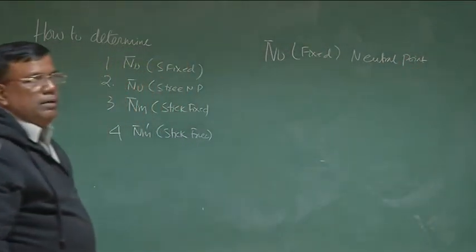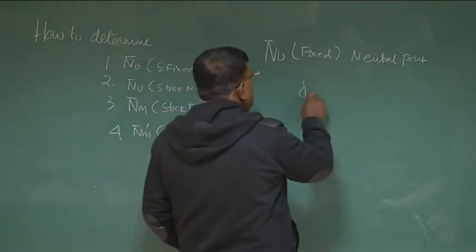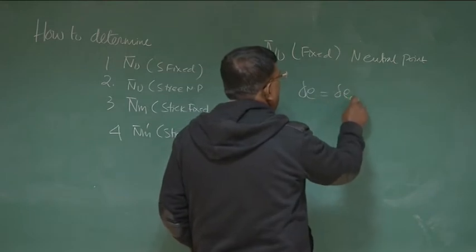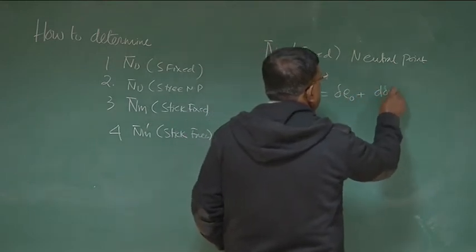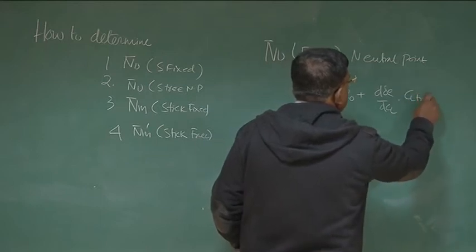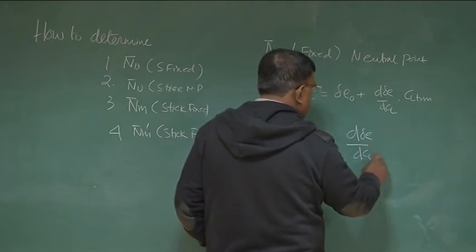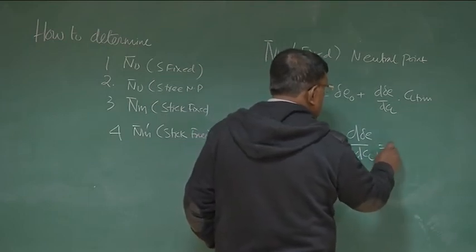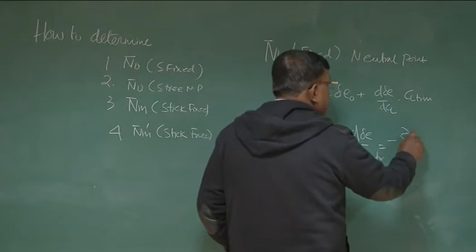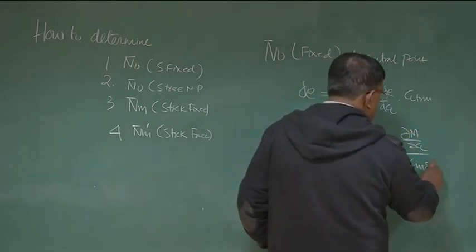How do I develop the physics behind it? Remember, we know that delta E equal to delta E naught plus d delta E by dCl into Cl trim, and we know d delta E by dCl trim was given by minus static margin dCm by dCl by Cm delta E approximately.